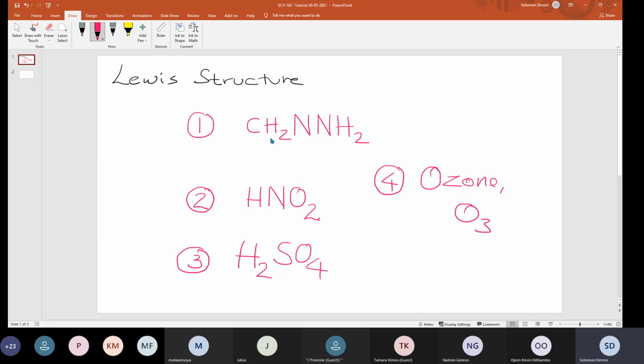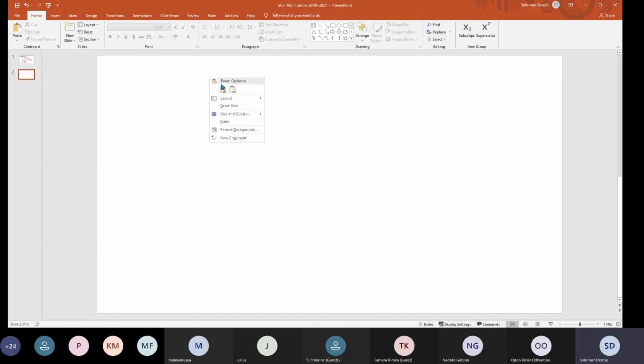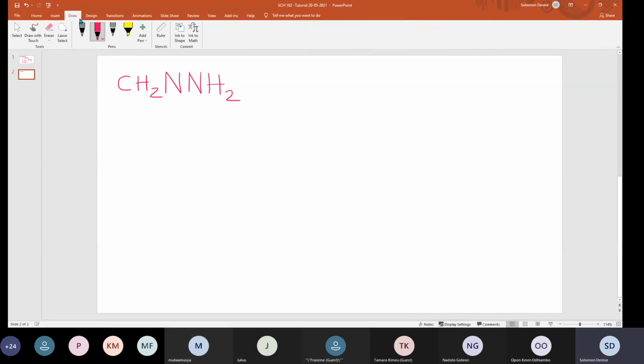So the first one we are going to look at is the Lewis structure of this molecule, CH2NNH2. Can you see this molecule? Yes. So what I want us to do is draw its Lewis structure, okay?